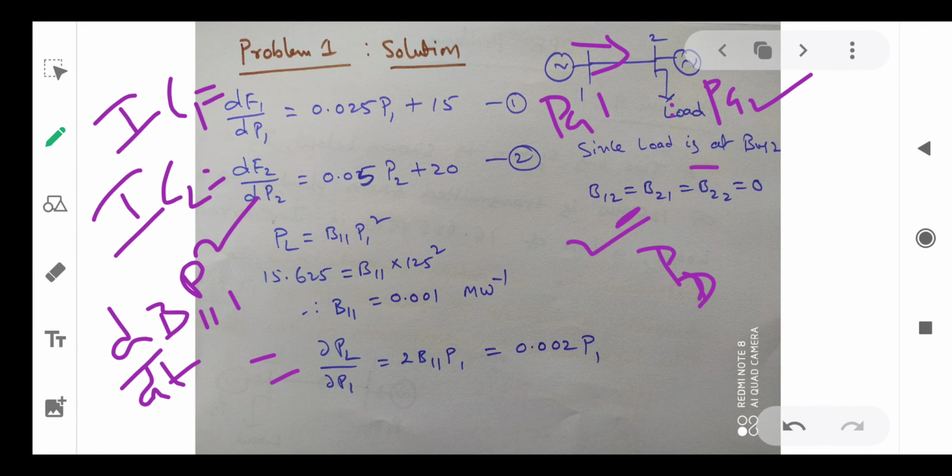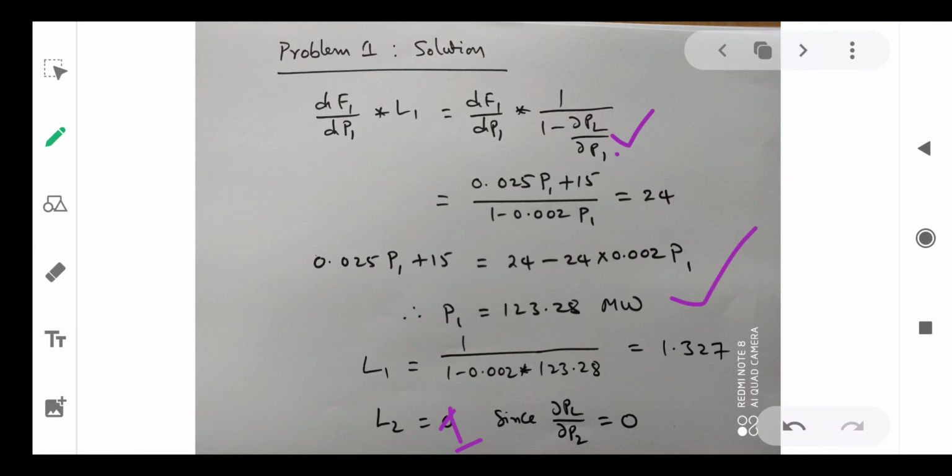Other B coefficients are zeros here, and B11 is obtained from the PL equation, and by substituting B11 you can obtain ∂PL/∂P1, ∂PL/∂P2, from which you can obtain P1 and P2 respectively.